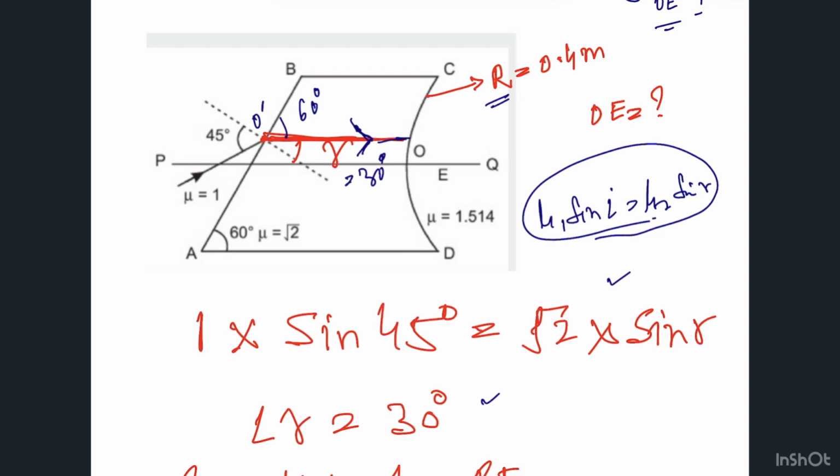Now, this parallel ray is falling on this spherical surface. Naturally, after refraction, it will be converging on the focus like this.